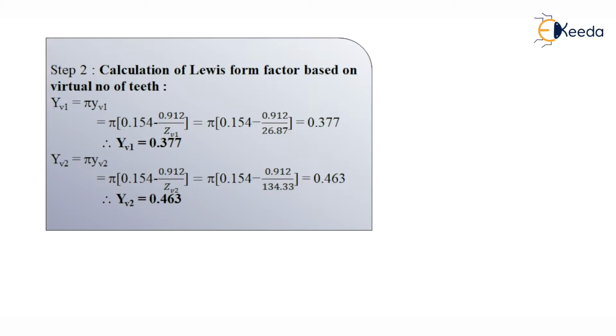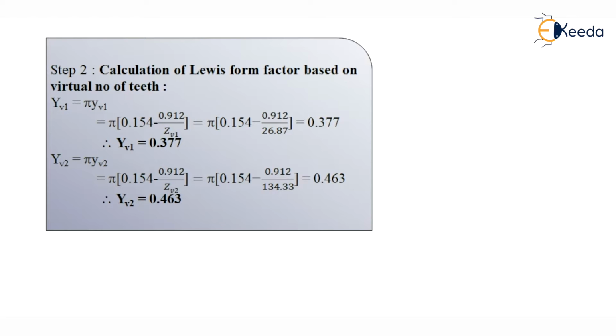Step number 2, calculation of the Lewis form factor based on virtual number of teeth. The formula is capital YV1 is equal to pi times (0.154 minus 0.912 divided by ZV1).